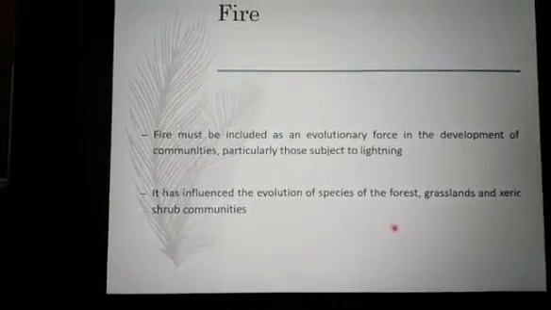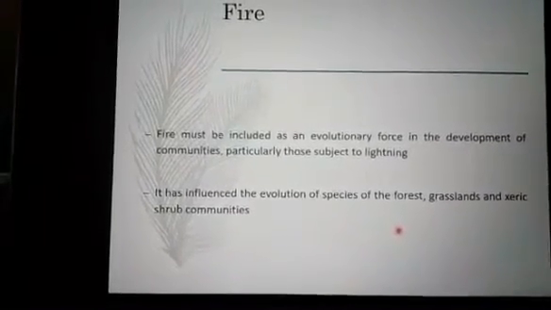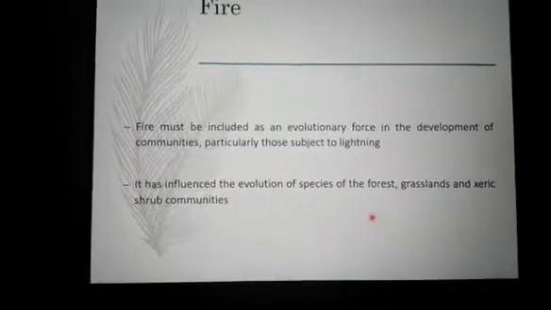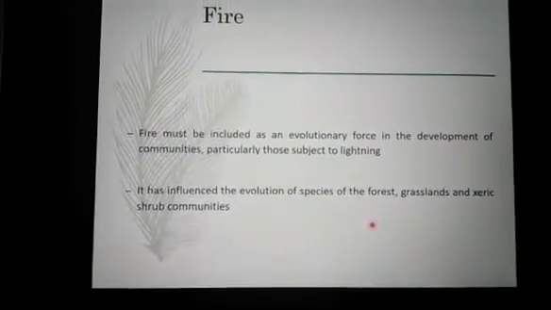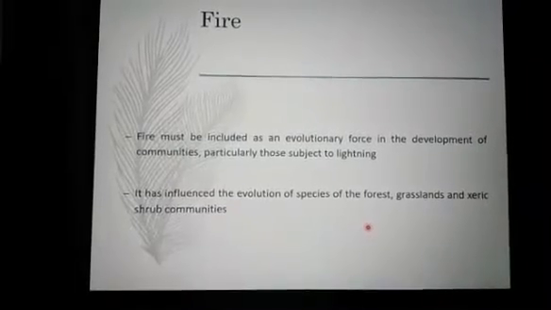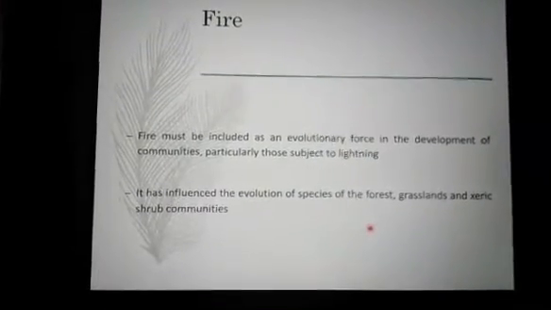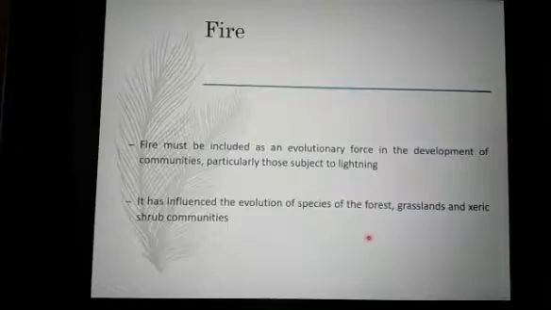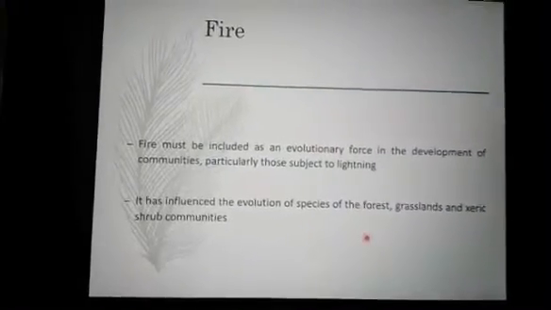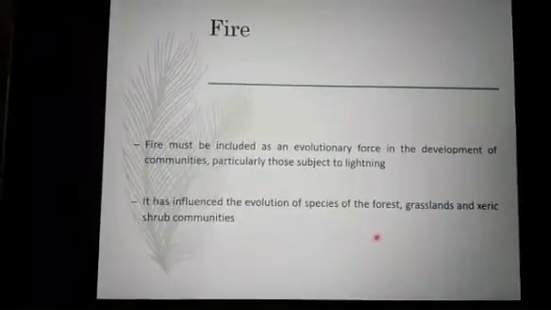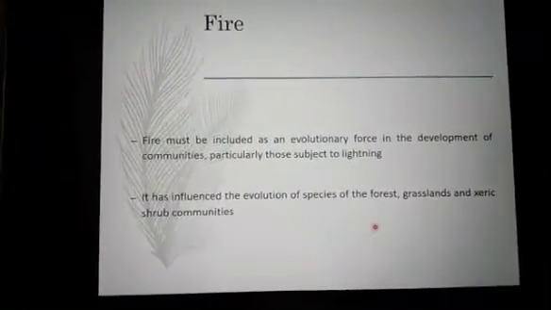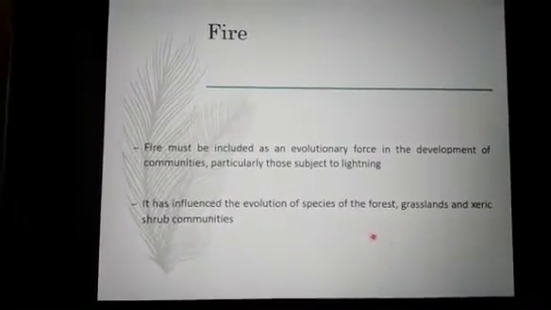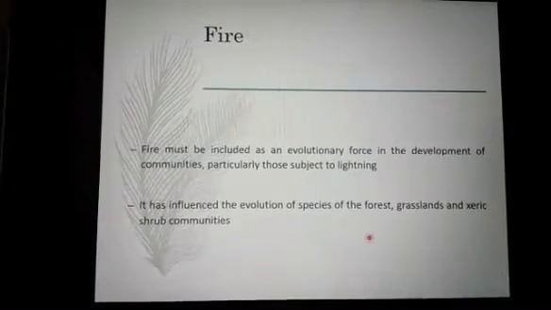Fires of different intensities will impact vegetation differently. Some would stimulate growth, some would destroy and make sure that nothing is left behind, and others might destroy but then leave the underground propagules. That's where we tend to see secondary succession occurring.